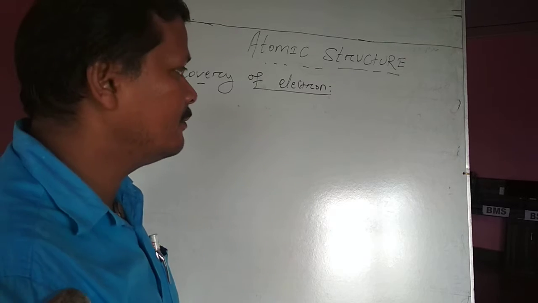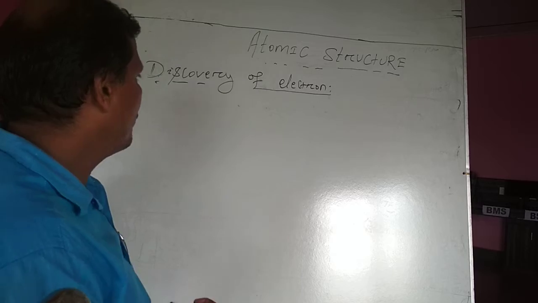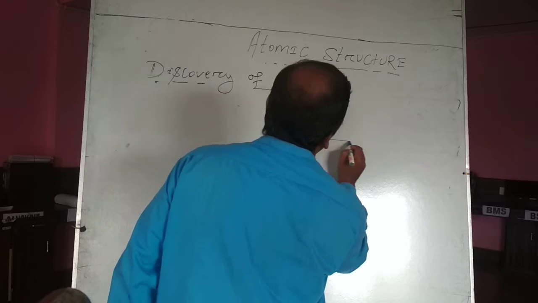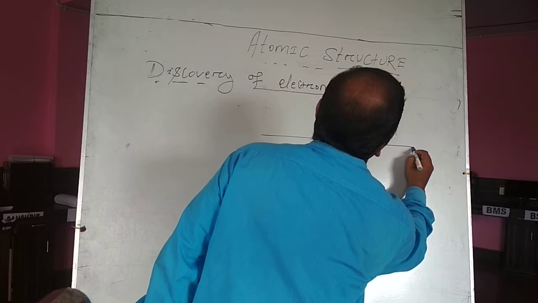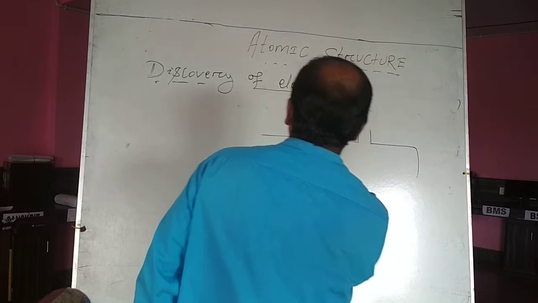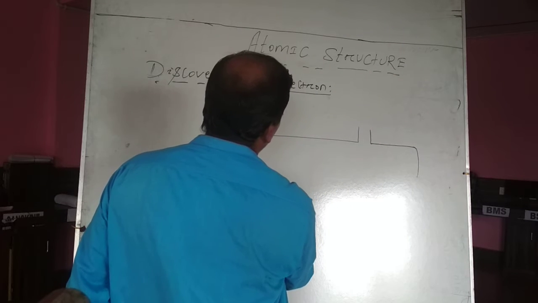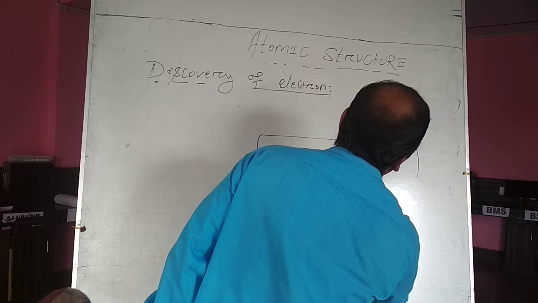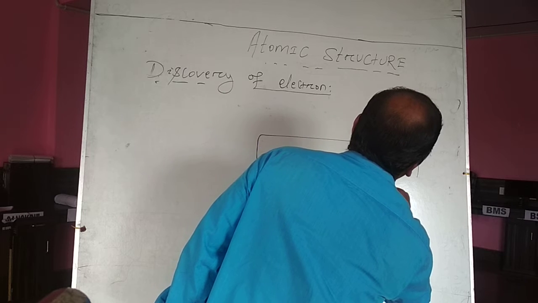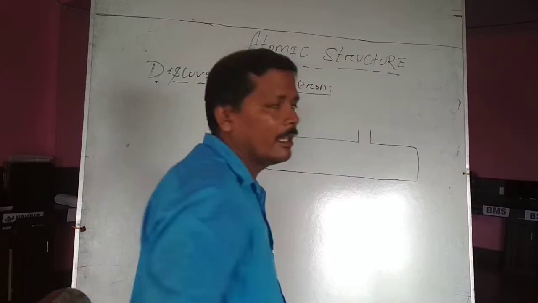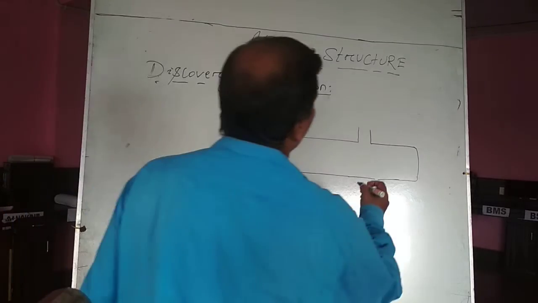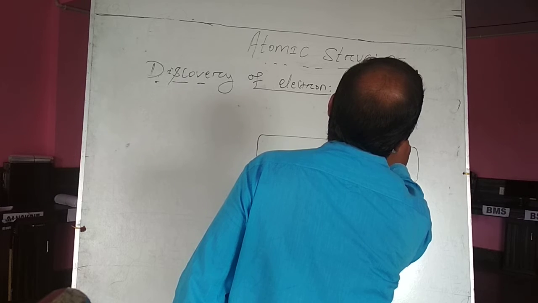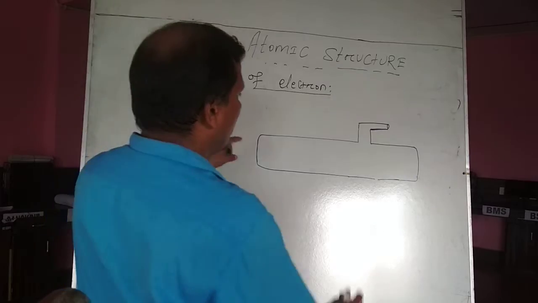What is a discharge tube? Let us see. A discharge tube consists of a long hard glass tube made of glass.